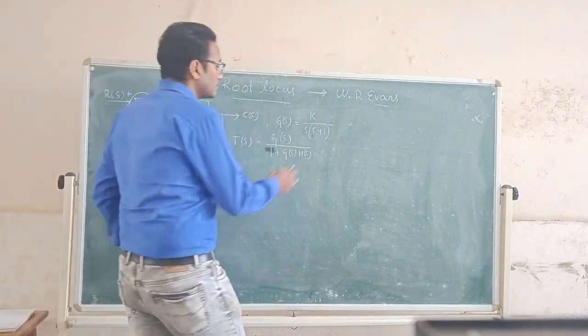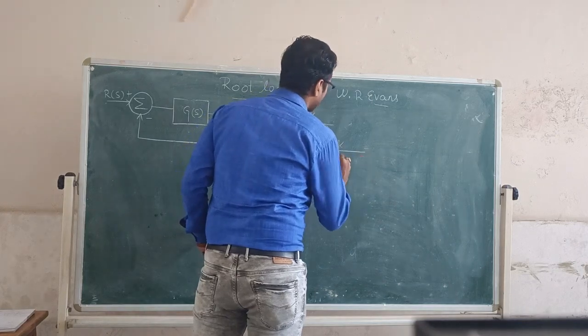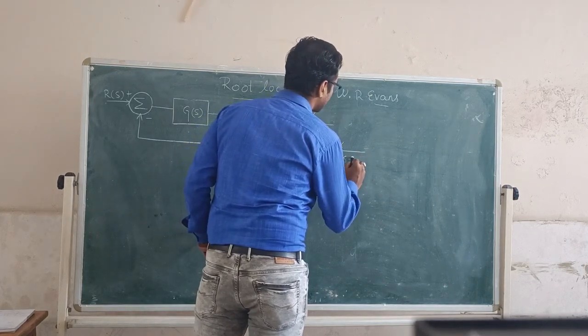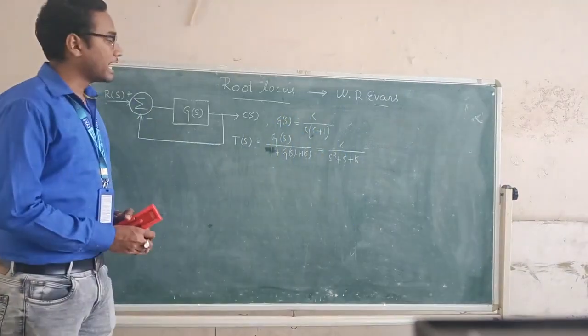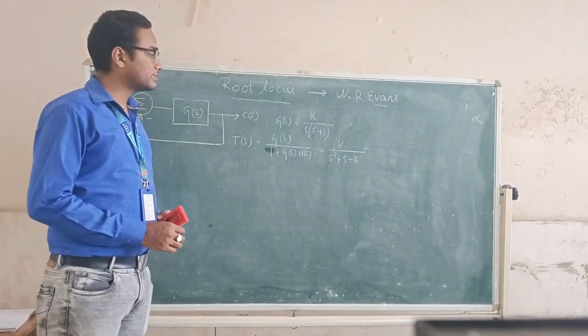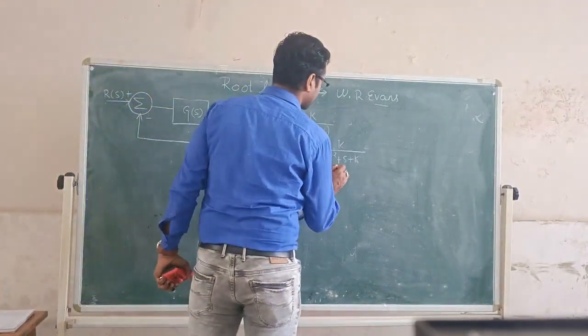So what is T(s) here? T(s) is equal to K divided by s square plus s plus K. So the characteristic equation is this.